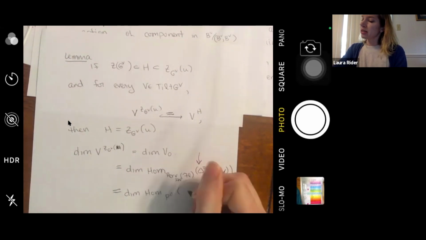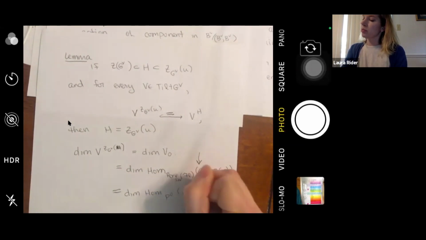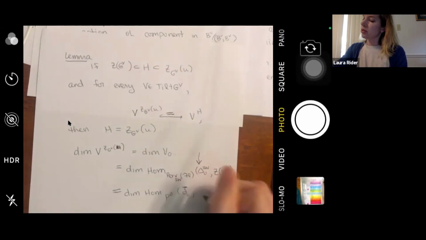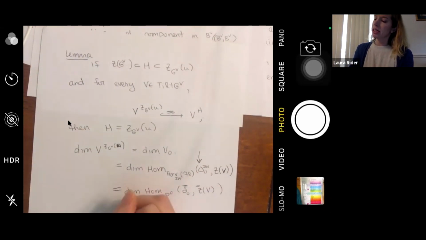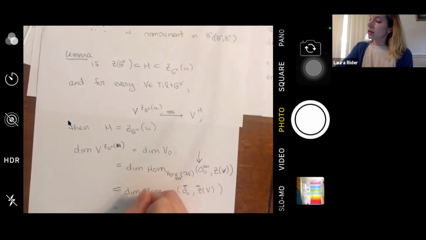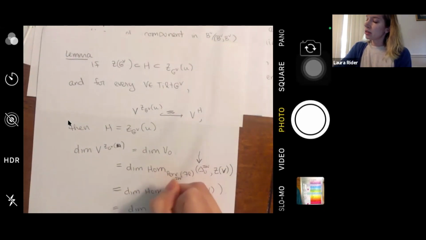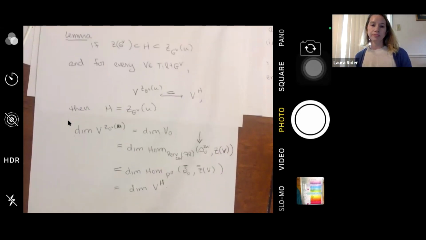Maybe I'll say this is the image of the skyscraper here, and then this is what we call Z bar of V. And of course, we know this is a category of representations now. This is representations of H, so this is the invariants under H.